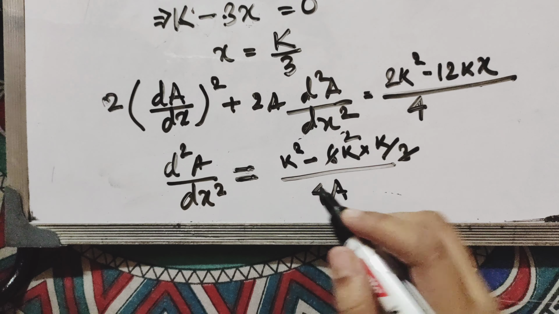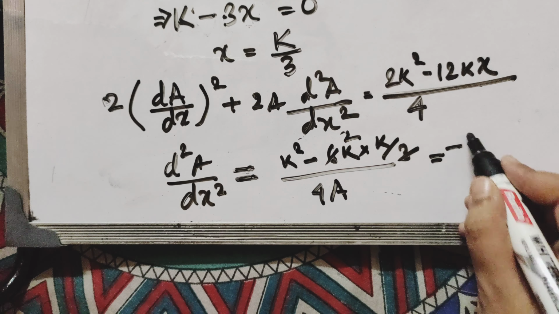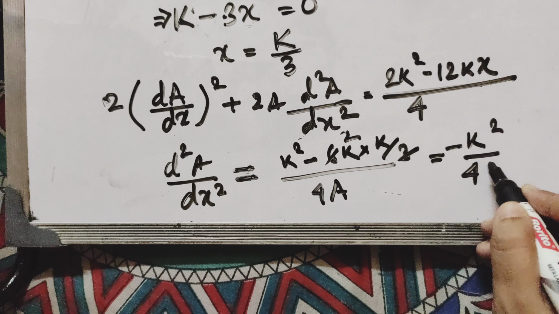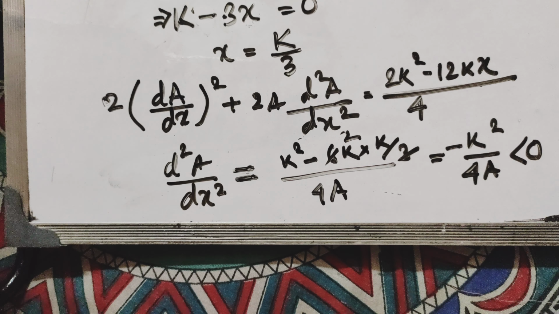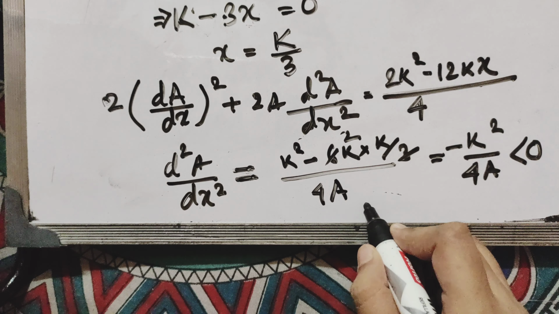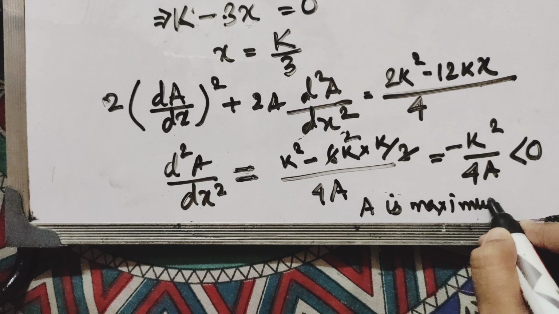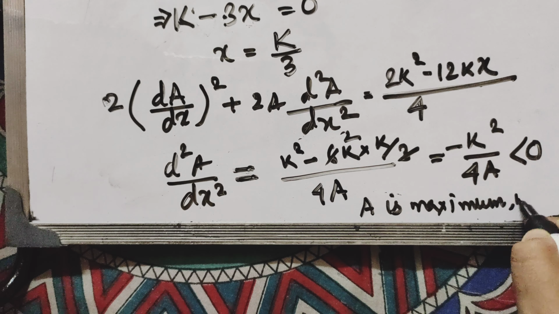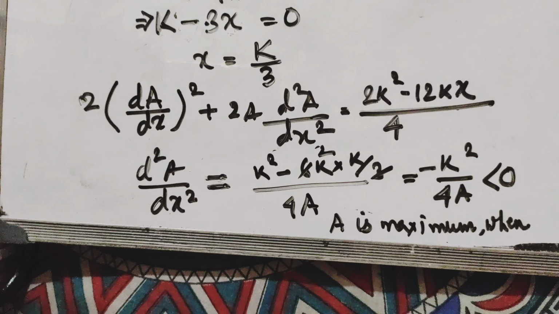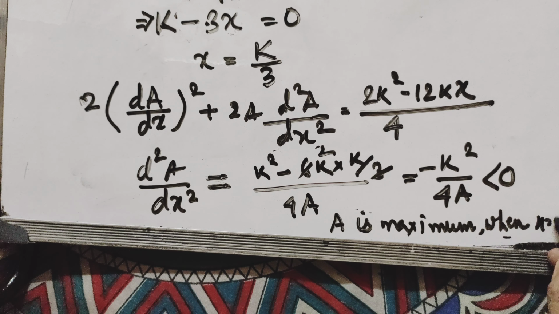So it's k squared minus 2k squared, that is minus k squared divided by 4a, which is less than 0, right? Now, we may conclude that A is maximum when x equals k by 3, right?